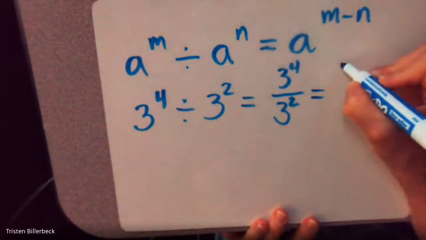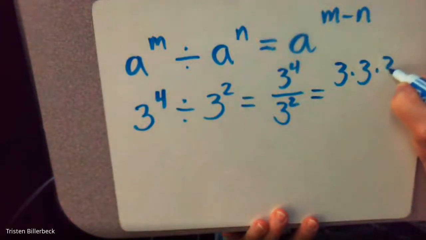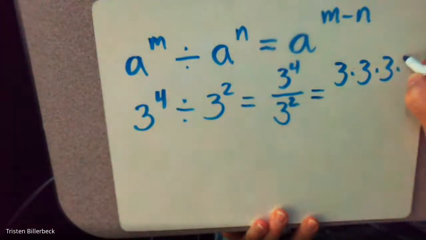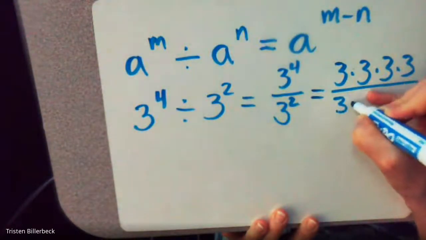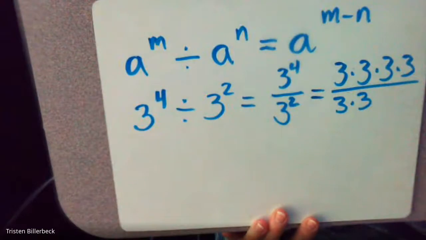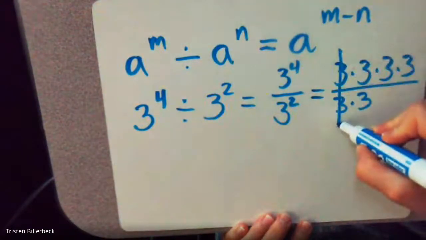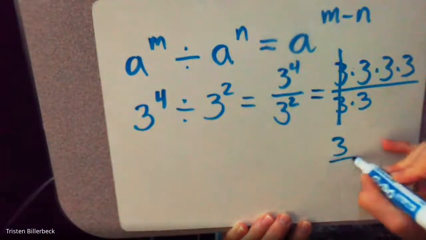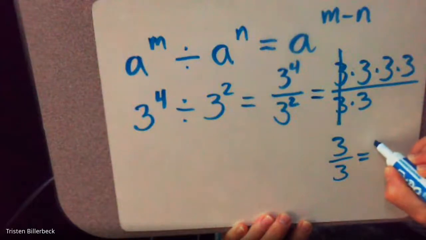So we have four 3s that are multiplying, and my little dot is a way of saying I'm multiplying. And then I have 3 on the bottom. Oh, look, we get to do a little canceling, because 3 over 3 equals 1.